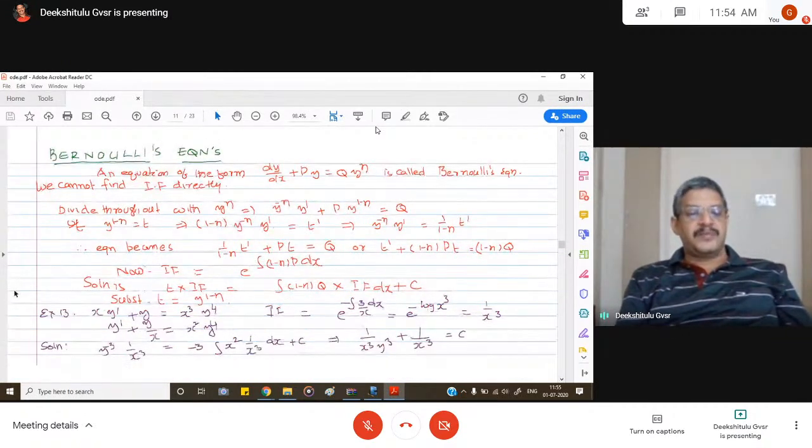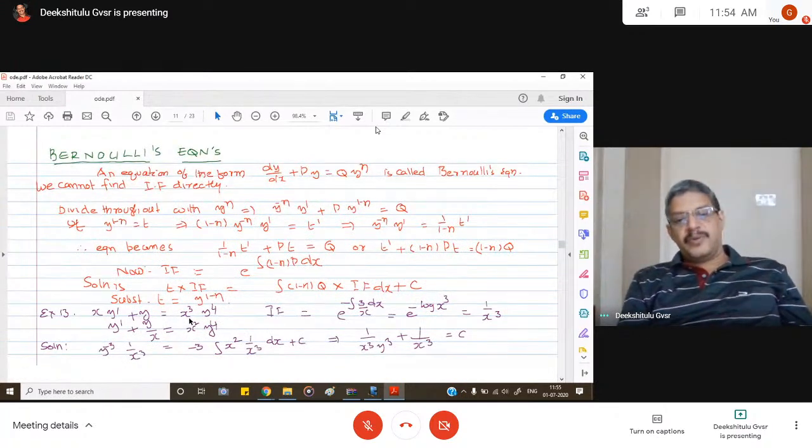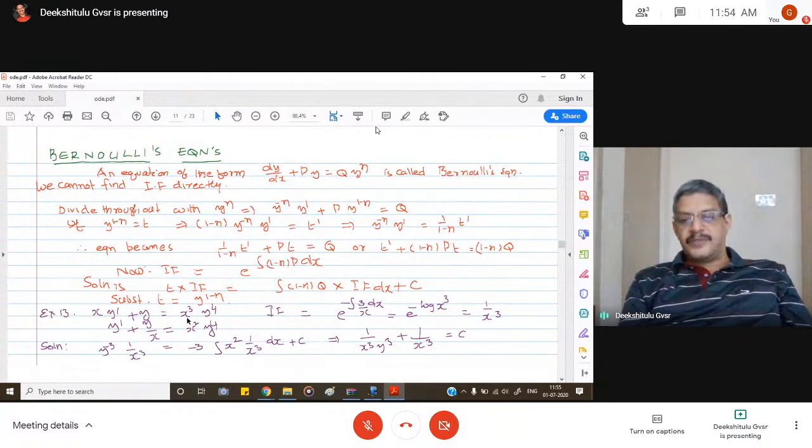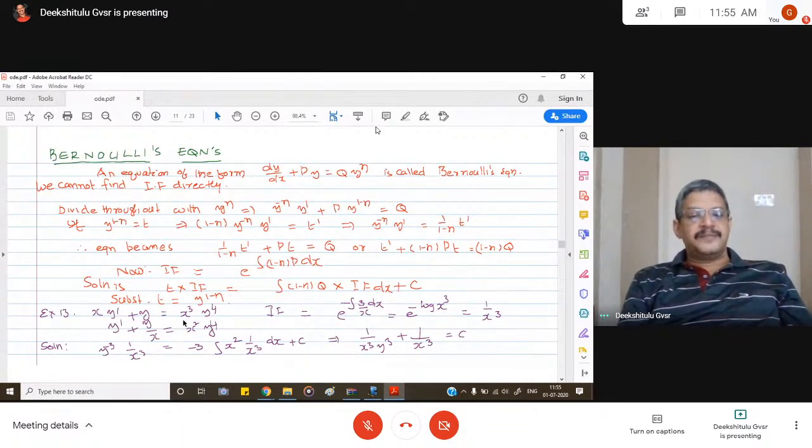So let us deal with some problems. x into y dash plus y is equal to x cube into y power 4. This is the first problem. Divide throughout with x: this equation is y dash plus y by x is equal to x square y power 4. If we compare with the standard equation, dy by dx plus p of x into y, till then it is the same, but on the right we have x square y power 4.